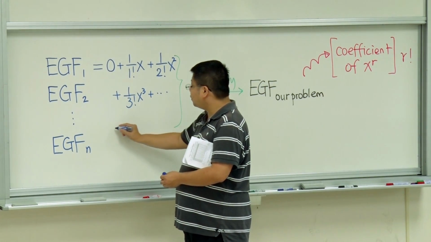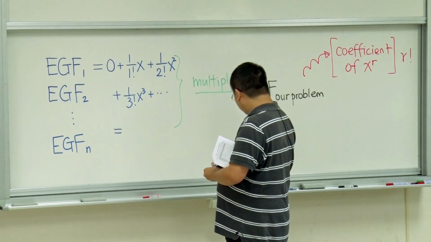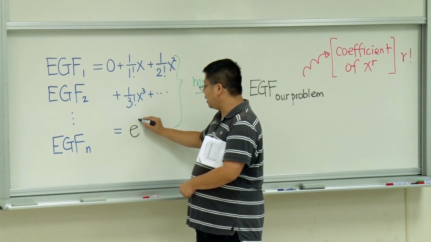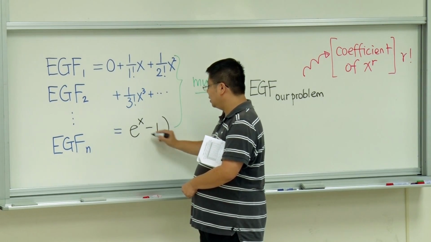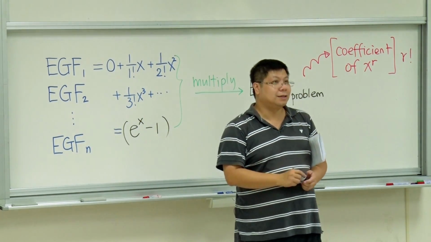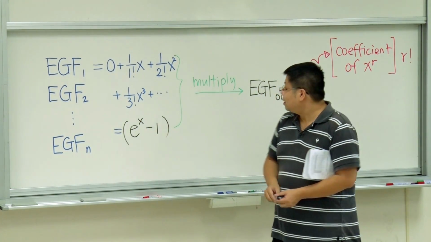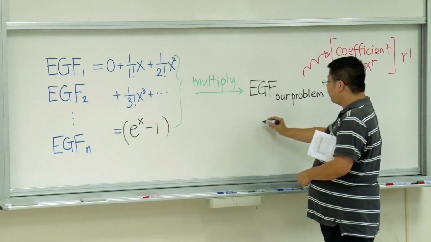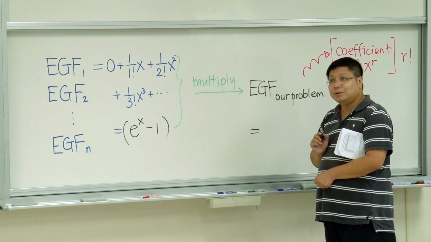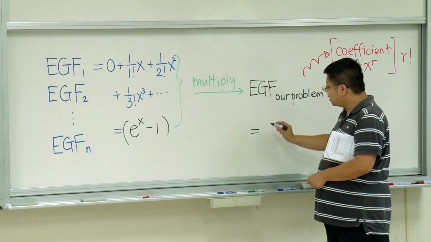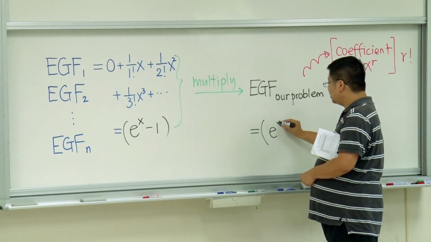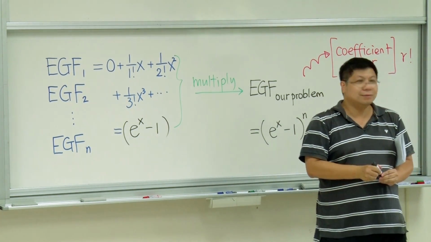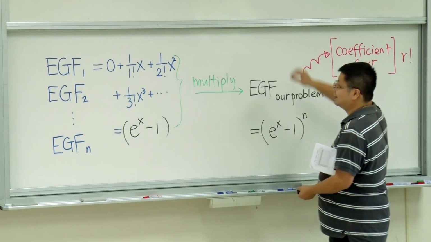And then this EGF turns out to be equal to e to the power x minus 1. Does that make sense? And then EGF 1, EGF 2, all of them are the same. So the EGF of our problem is equal to e to the power x minus 1, to the power n. Okay? Good.